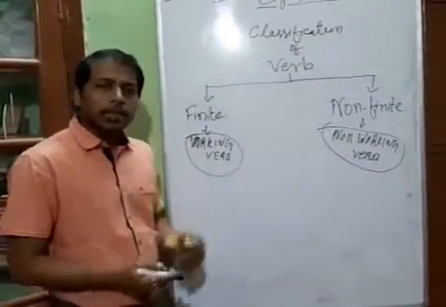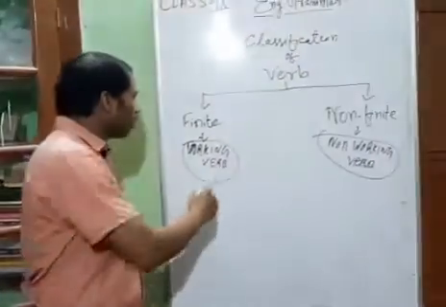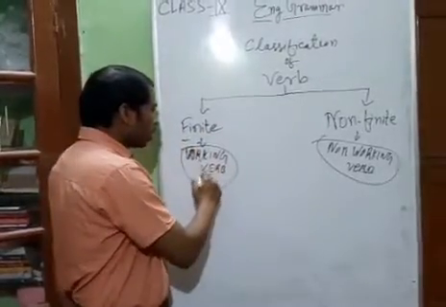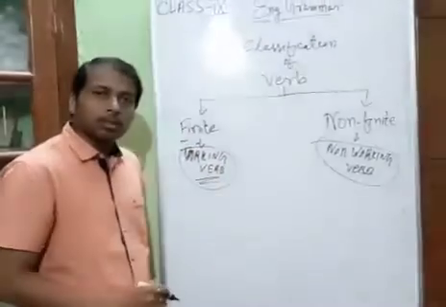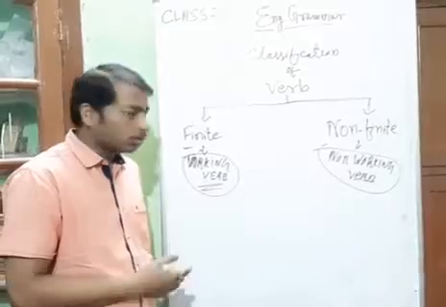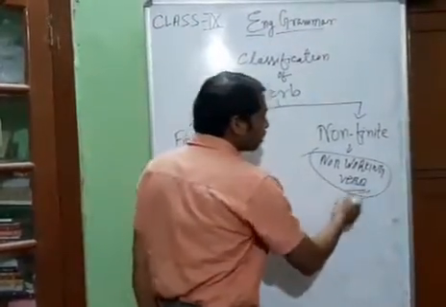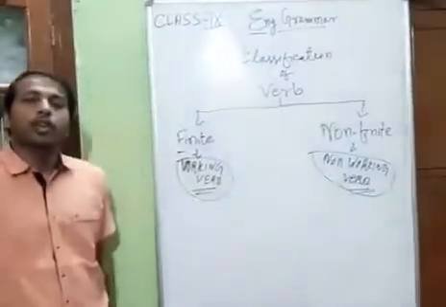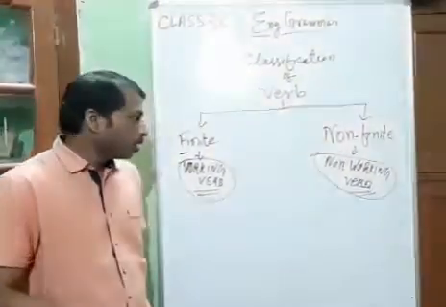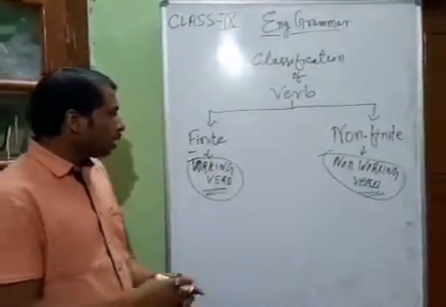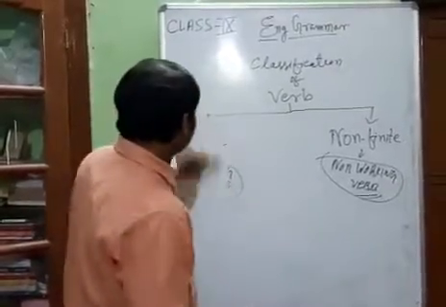Now, what does that mean? That means the finite verb denotes any action or state of being, whereas the non-finite verb doesn't denote any kind of action going on. Now let's focus on the details.